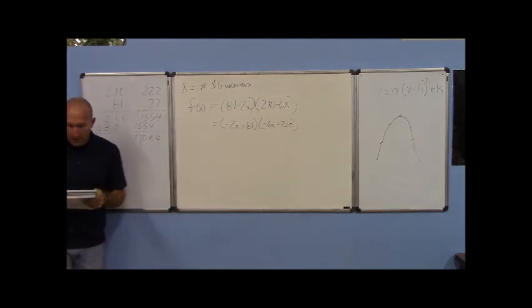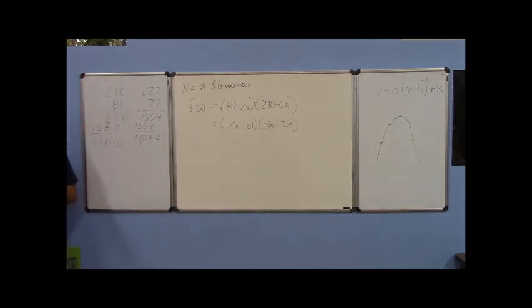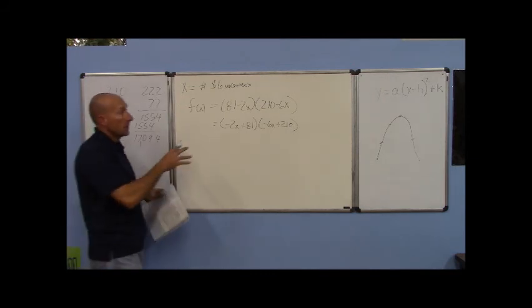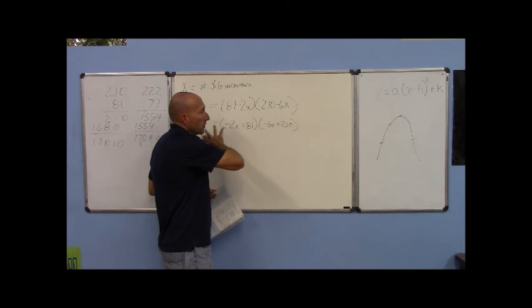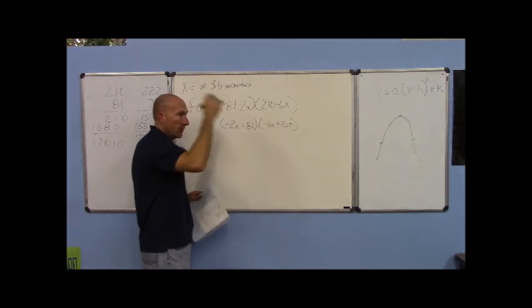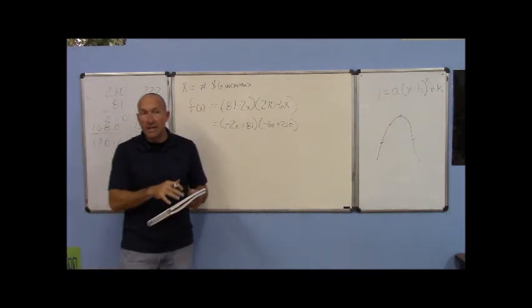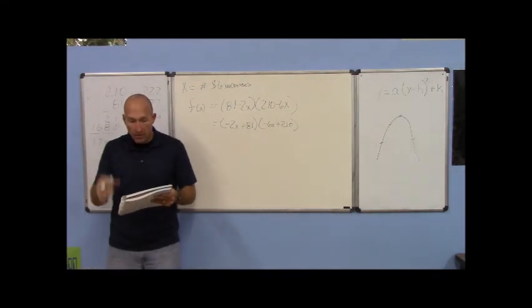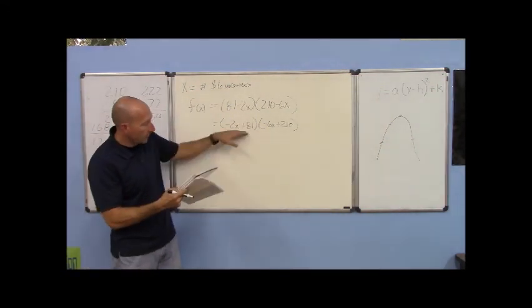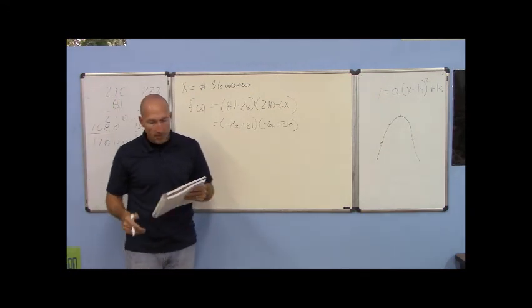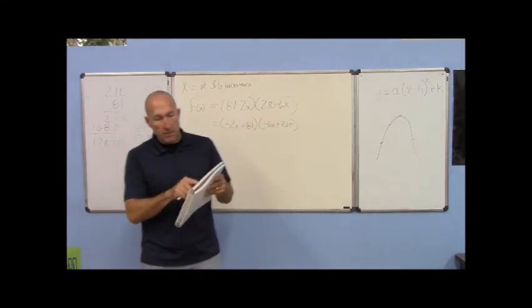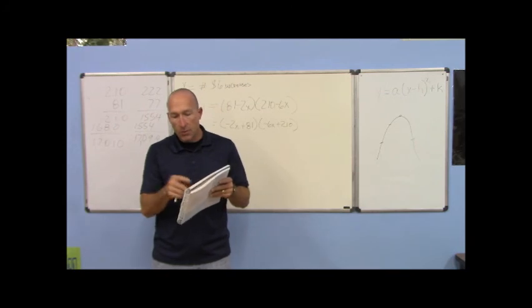All right? Now, what we can do is go the opposite direction of the FOIL and end up with our quadratic equation. So let's do this looking at the book instead of actually throwing up all the numbers. From this point, you'll see the next step is at number 3 where it says solve.